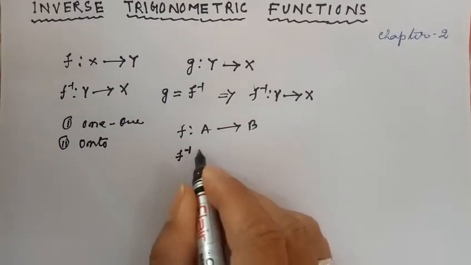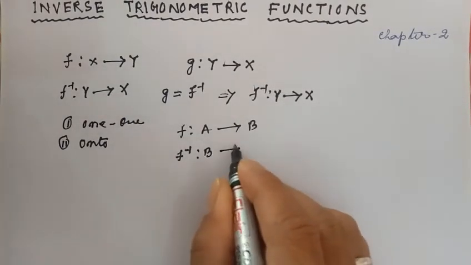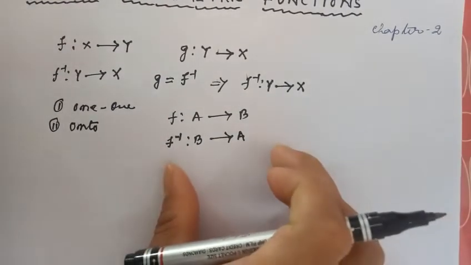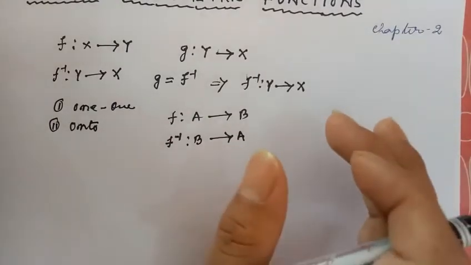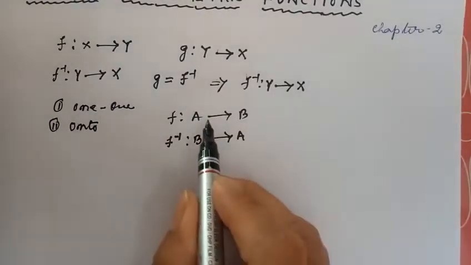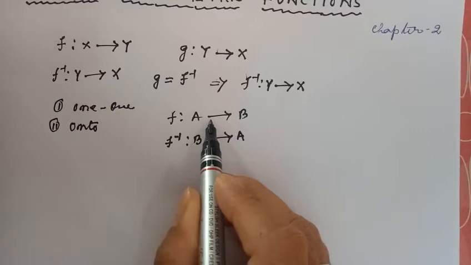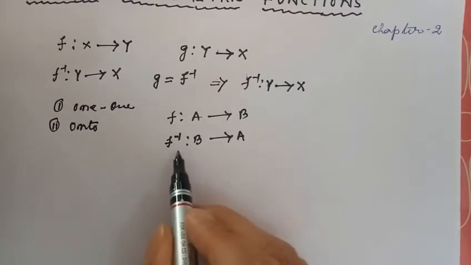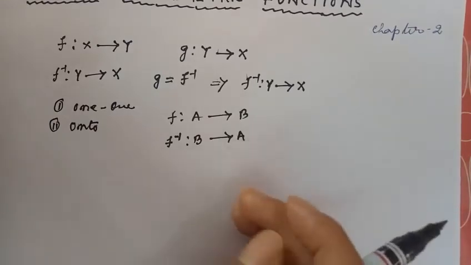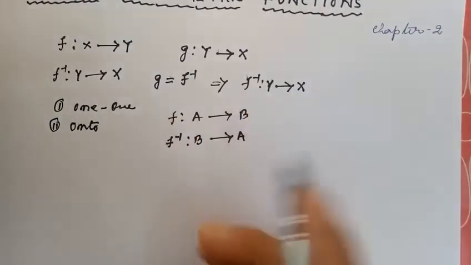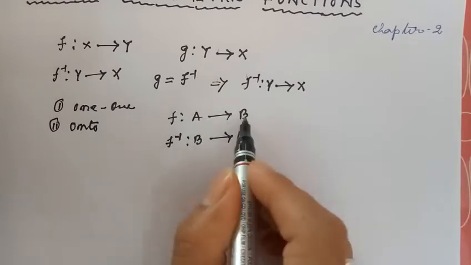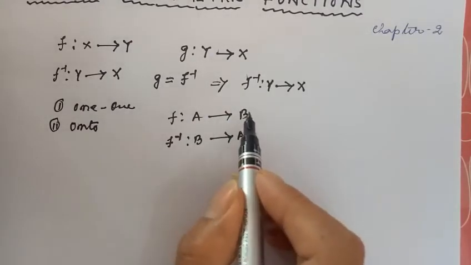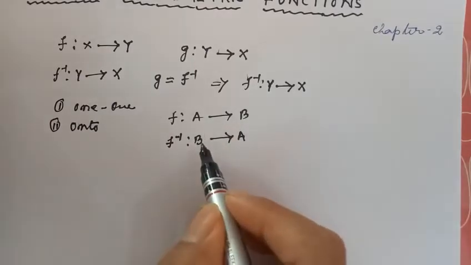Then its inverse is possible. Then we write b to a. Simply, we interchange their sets. Domain becomes range, range becomes domain.